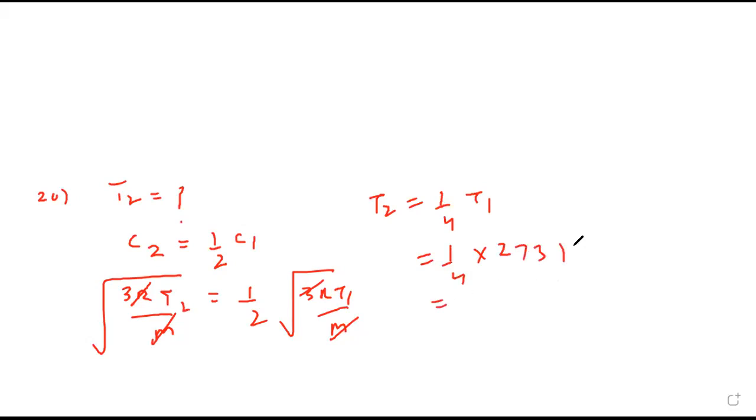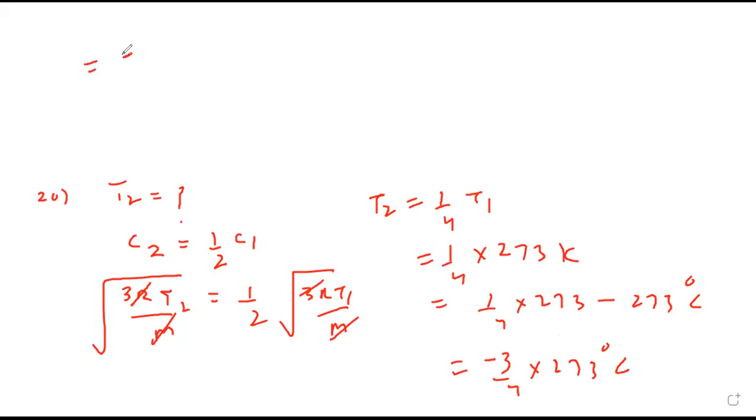Now we want answer in Celsius. So 1/4 into 273 minus 273 degrees Celsius. This will become minus 3/4 into 273 degrees Celsius. That is minus 819 upon 4. 4 2s are 8, 0, 4 4s are 16, remainder 3, 75. Minus 204.75 degrees Celsius.